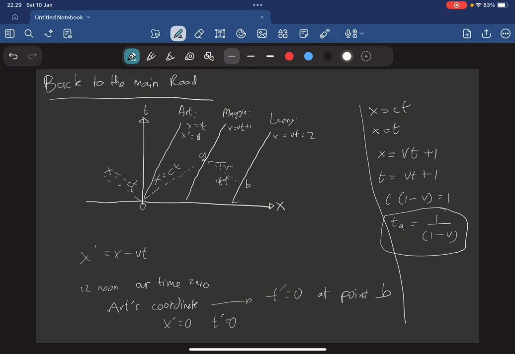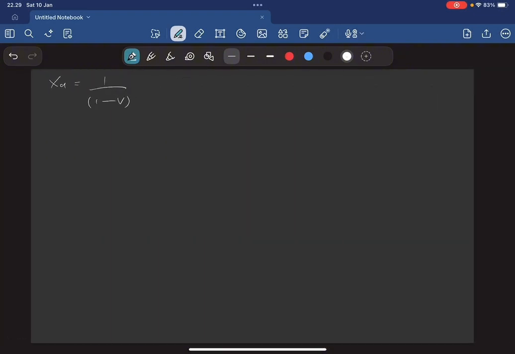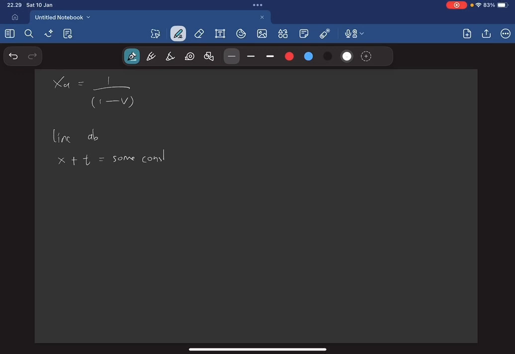This is for line AB. Its equation is x plus t equal to some constant. What is the constant? An easy way to find out is to take one point along the line and plug in specific values of x and t.